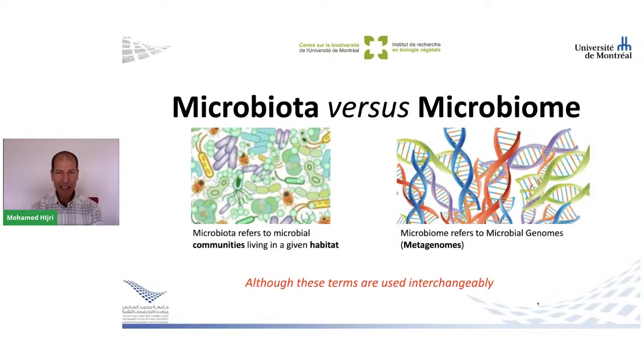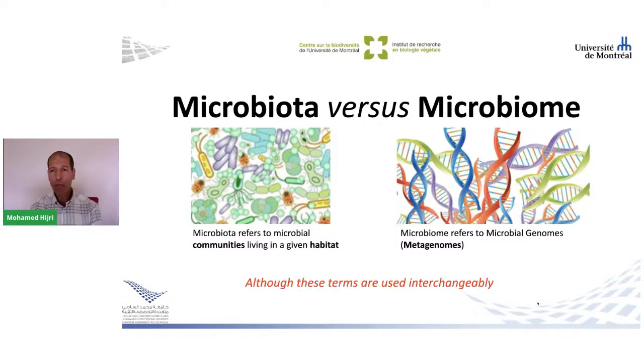For microbiologists, since a long time ago, they have been dealing with the community rather than individuals, populations or species. So microbiota is the appropriate term to use for a microbial community that lives in a habitat. In a given habitat, we know the biota.